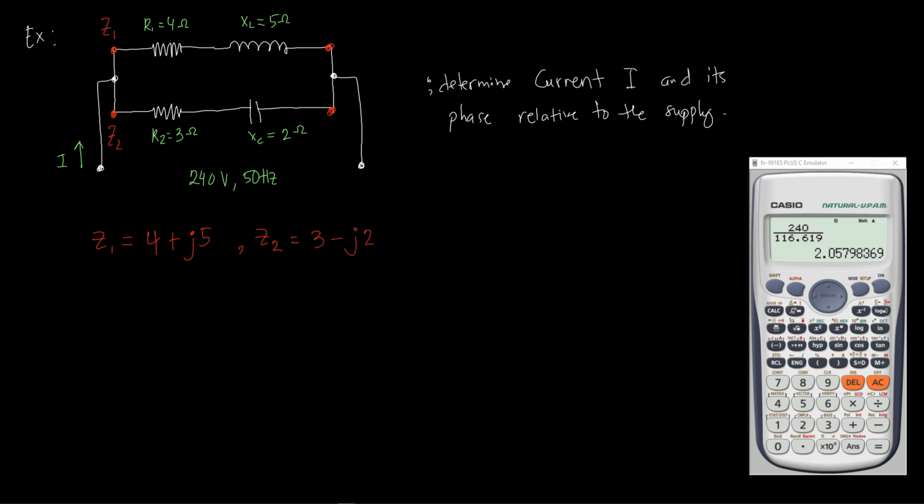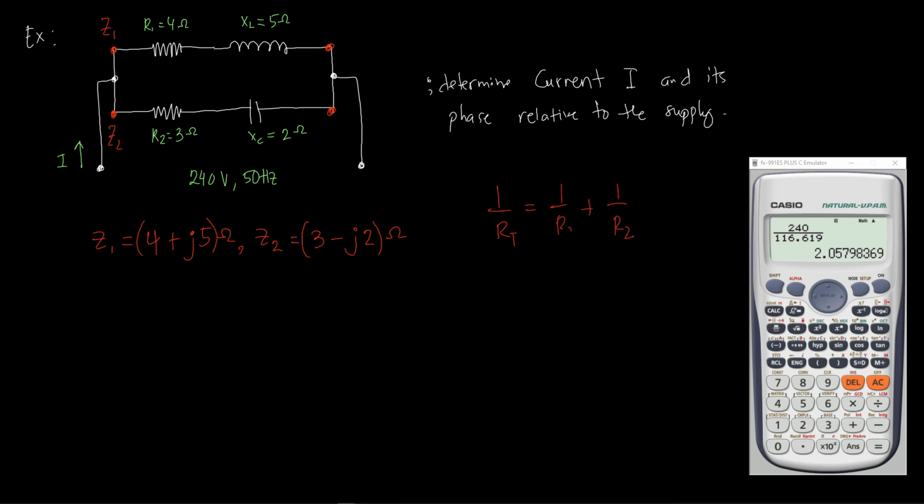Very good. Now, how do we solve for the total impedance, ZT, since they are in parallel? Remember that the unit is ohm, so we can treat it like a resistor, but it is an impedance with an imaginary part. For parallel resistors, 1 over RT is equal to 1 over R1 plus 1 over R2.